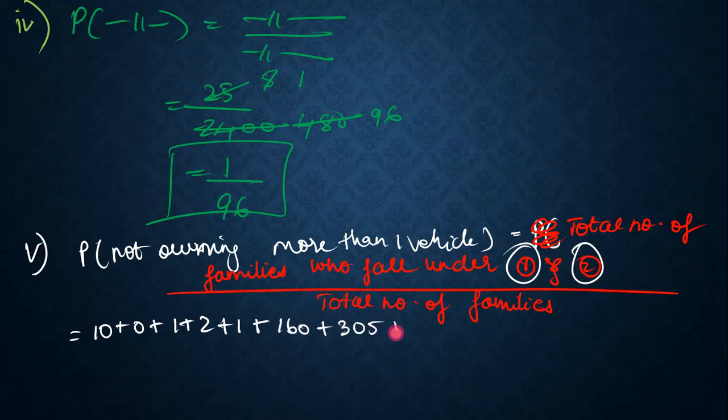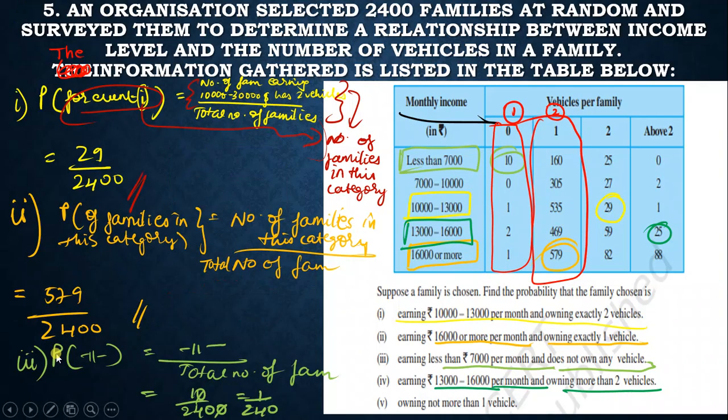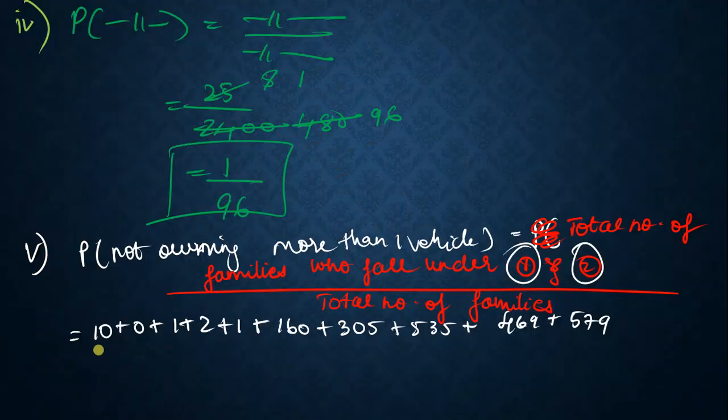So that will be 160 plus 305 plus 535 plus 469 plus 579. So basically we are adding all the families that lie under the category of possessing 0 vehicles and 1 vehicle.